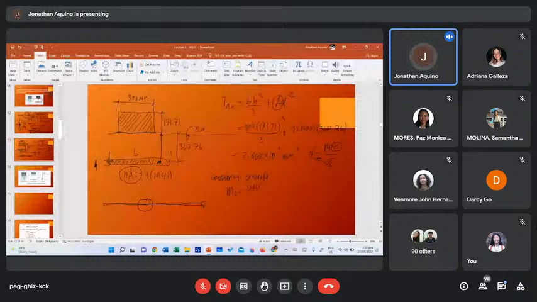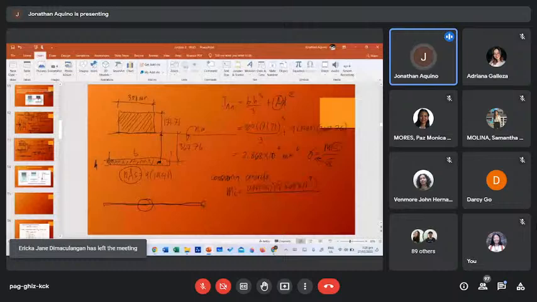So 0.45 times 20.7. Okay. Stress times I. So the moment of inertia is 2.868 times 10 to the 9 millimeter to the fourth divided by c. So yung c natin is 171.71 millimeter.